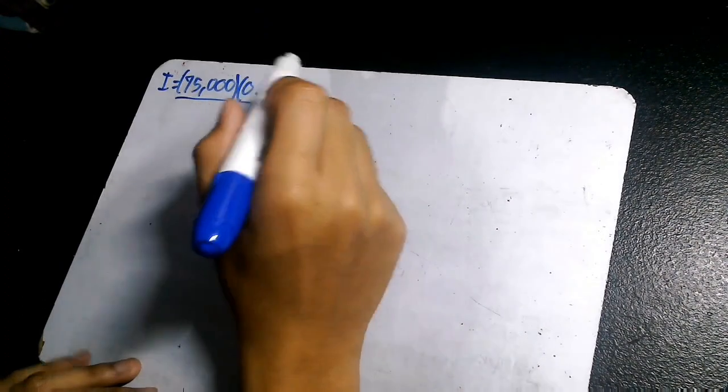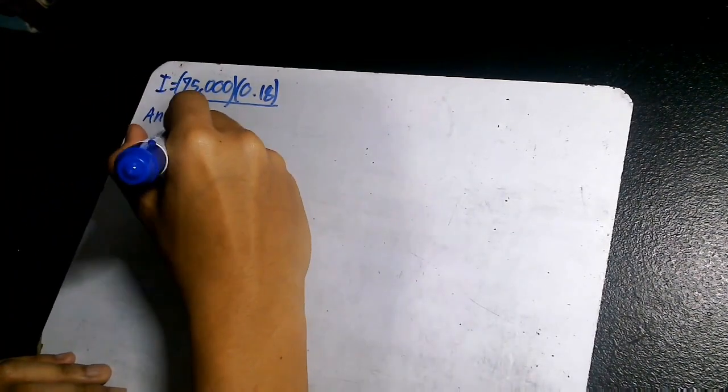We need to multiply this, and the product will be the final answer. I equals 75,000 times 0.18, so it's 13,500, and this is the final answer.